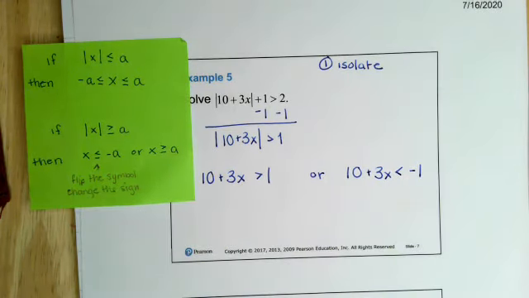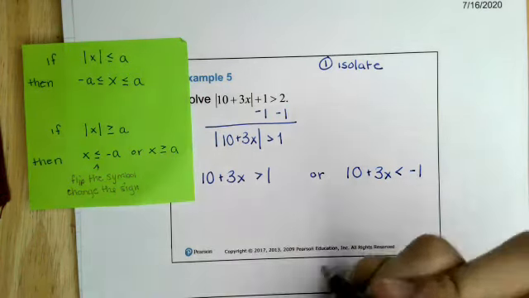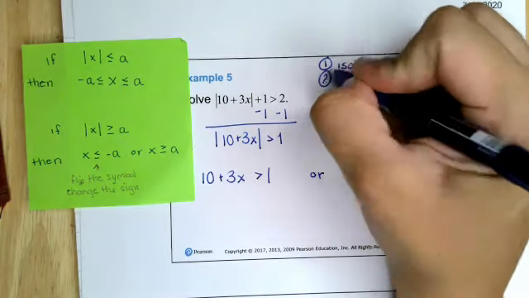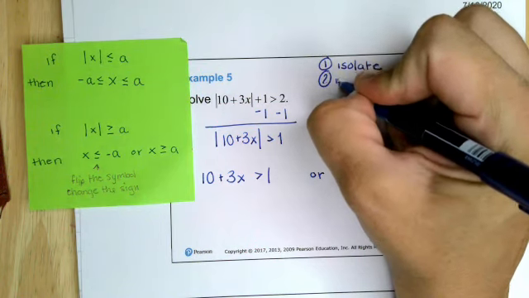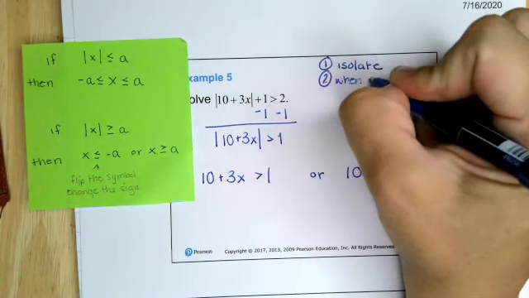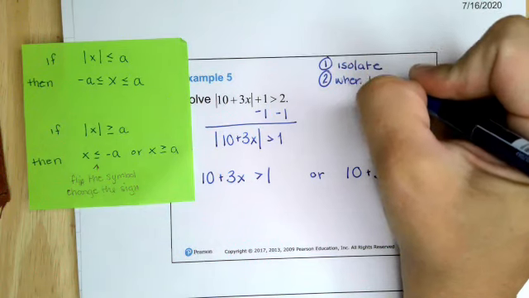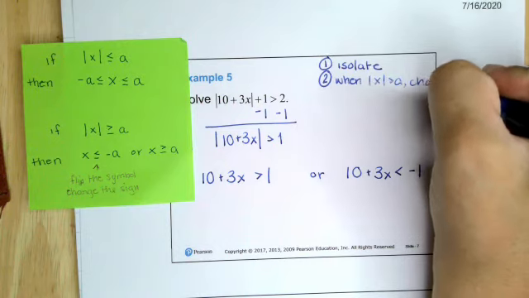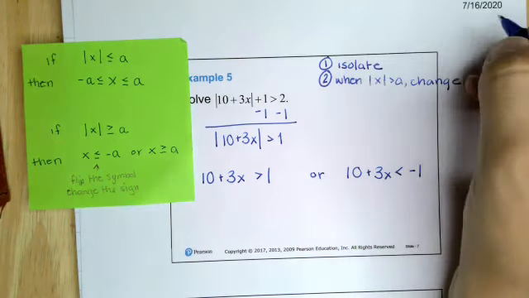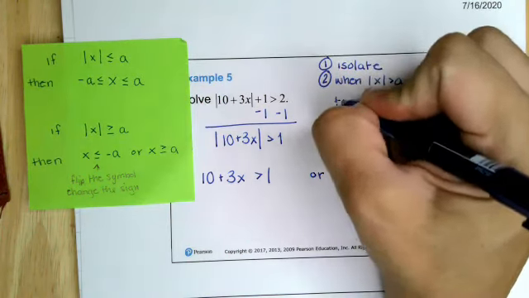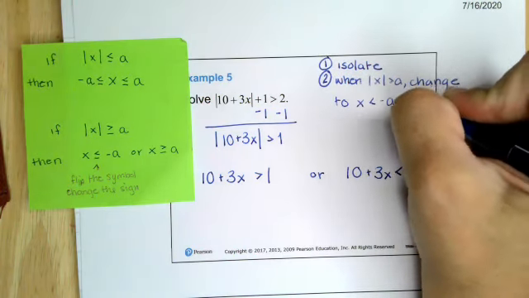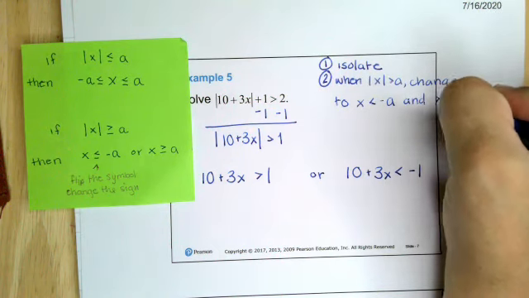Now I'm going to solve each inequality for x. So we call that number 2. When the absolute value of x is greater than a, change to x is less than -a, and x is greater than a.